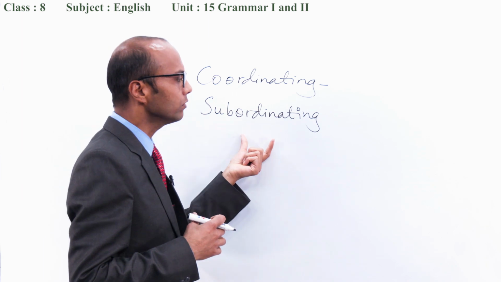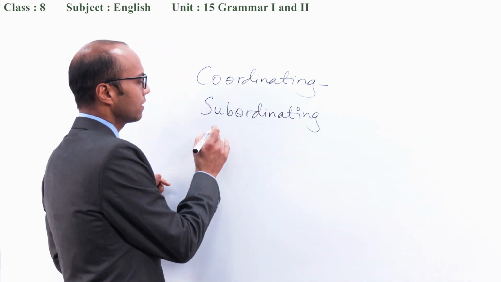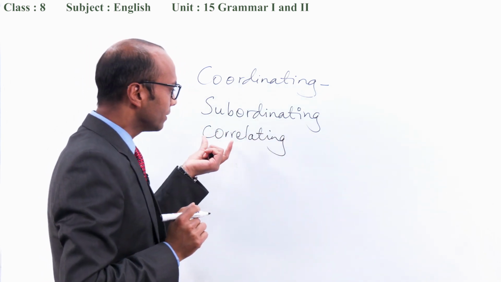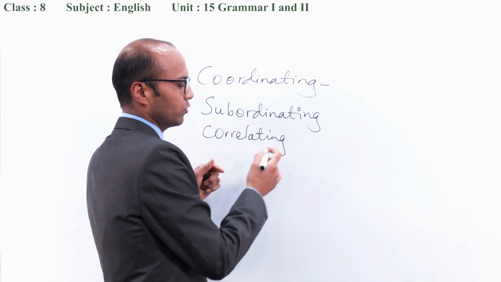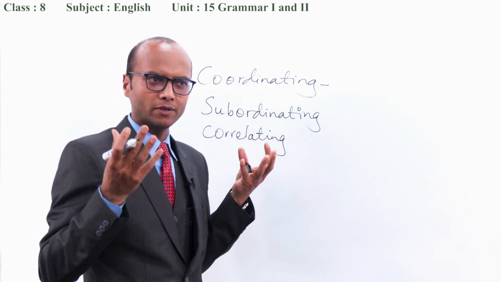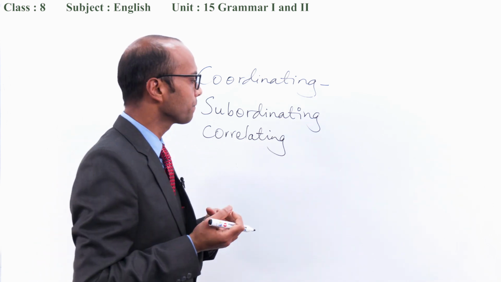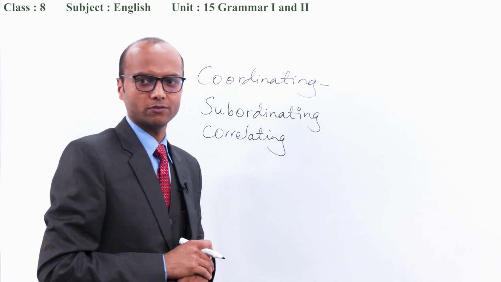That's why it has to be connected with the independent one. And the third type is correlative conjunctions. So these types of conjunctions, as you have seen in the video as well, work together. For example, not only but also, either or, neither nor, etc.